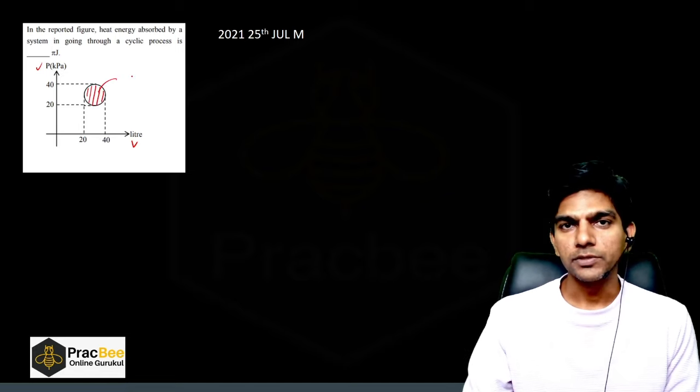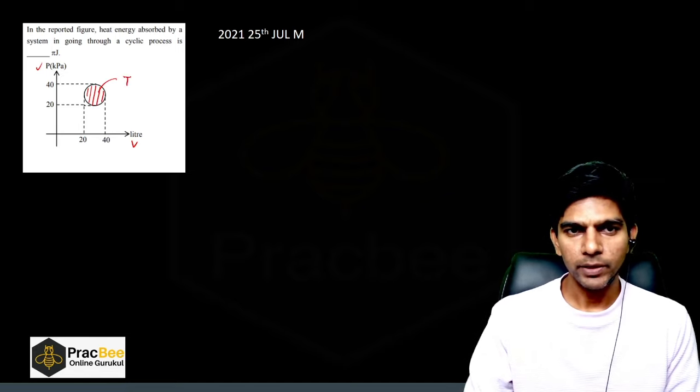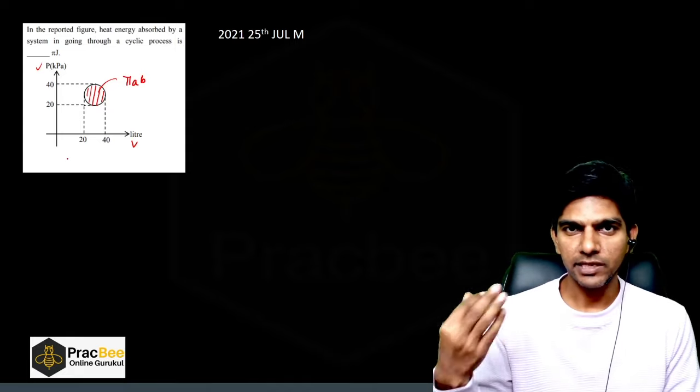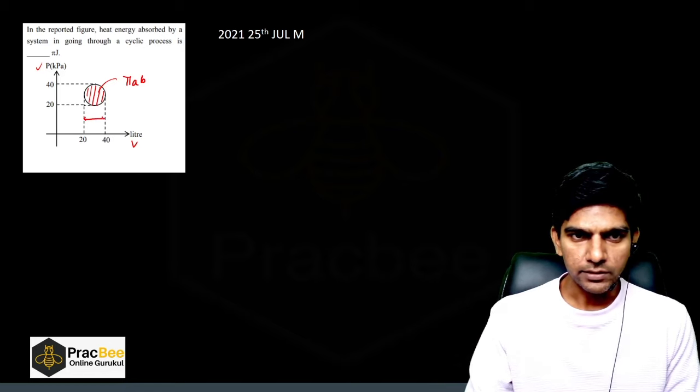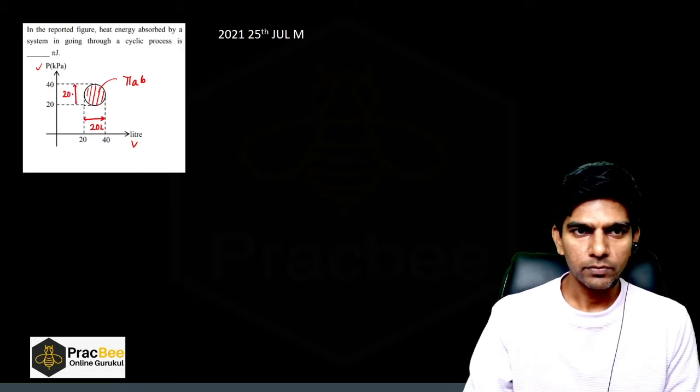Now the area of an ellipse will be given by pi AB, where A is the semi-major axis and B is the semi-minor axis. So the major axis, we can say, will be 20 liters, and the minor axis will be 20 kilopascal.